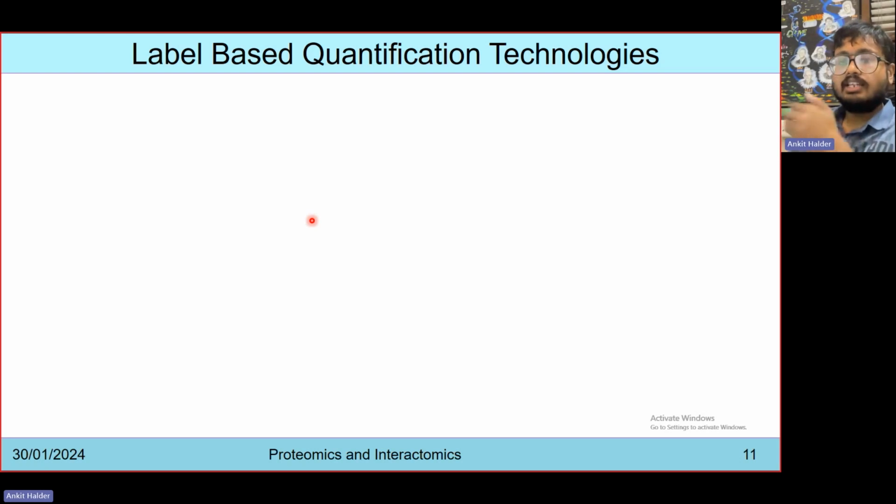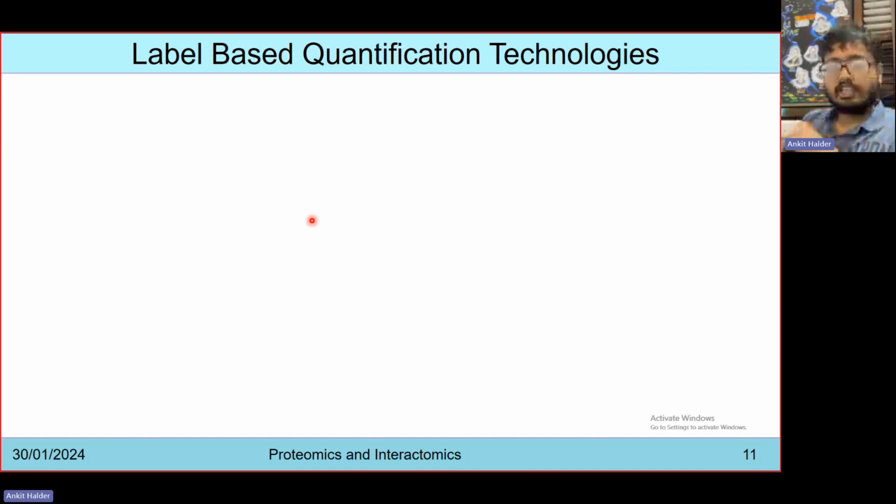It is fine if certain proteins are expressed only in a particular condition and not in the other, and we can identify those. But still, what we require is quantification.